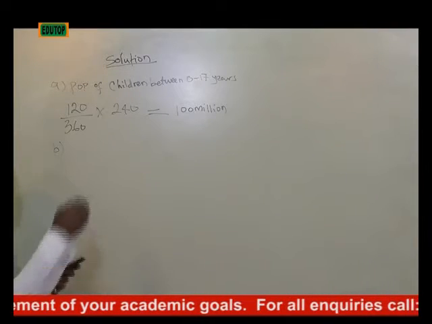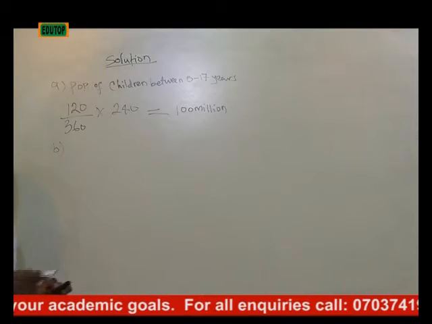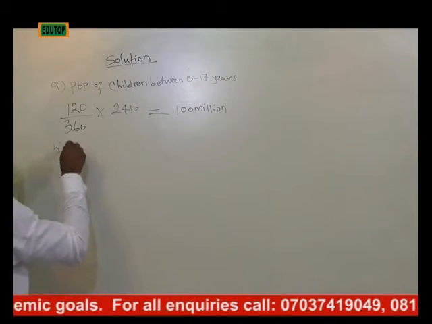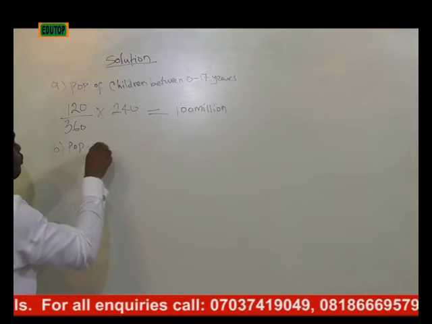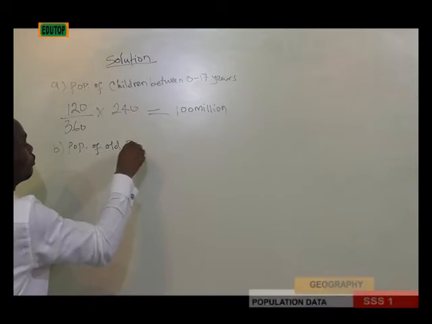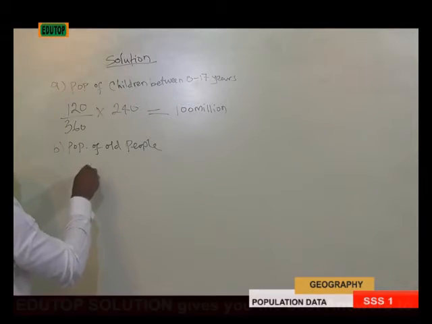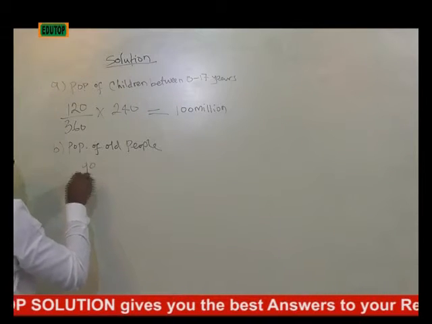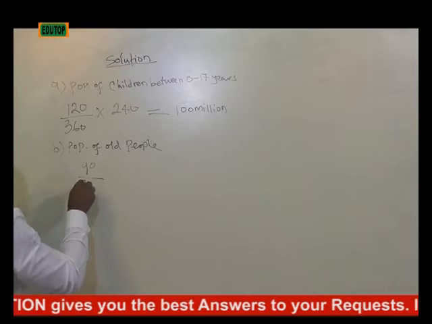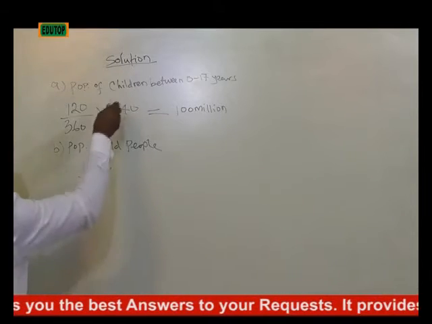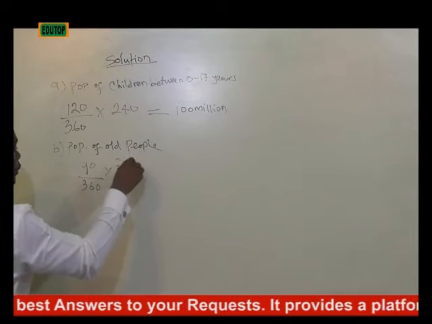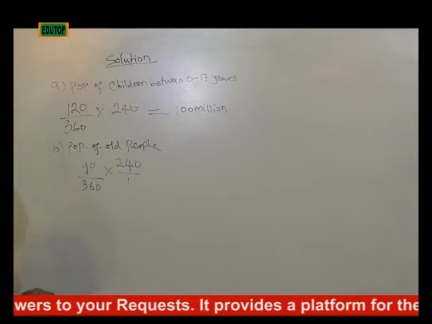Therefore, to find out the population of old people, we have 90 divided by 360 times total population, which is 240 million.